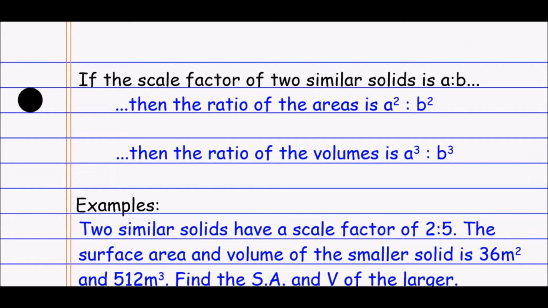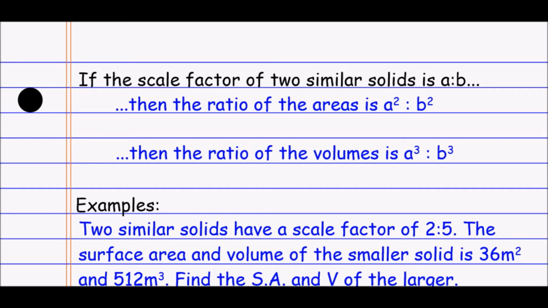Taking a look at something like the scale factor and how that relates to surface area and volume, one of these pieces we kind of already know. If you think back to when we looked at similar figures in terms of perimeter and area, we discovered that when you look at the ratio of the sides, it's the same ratio that we experience when we look at the perimeter.